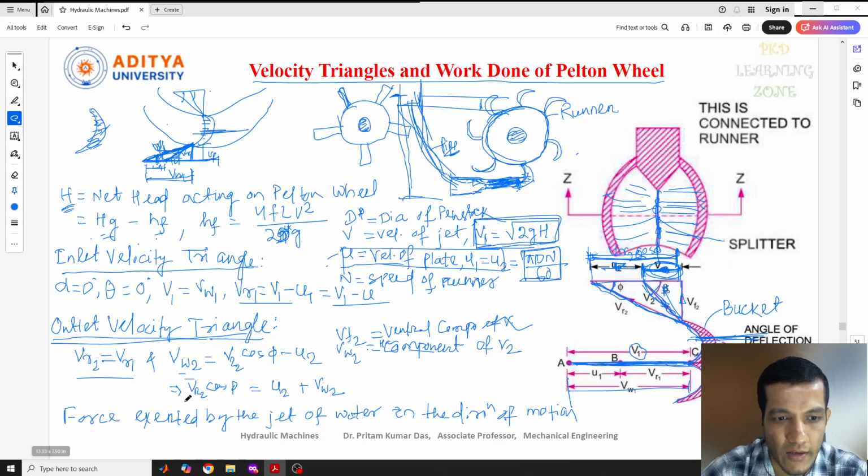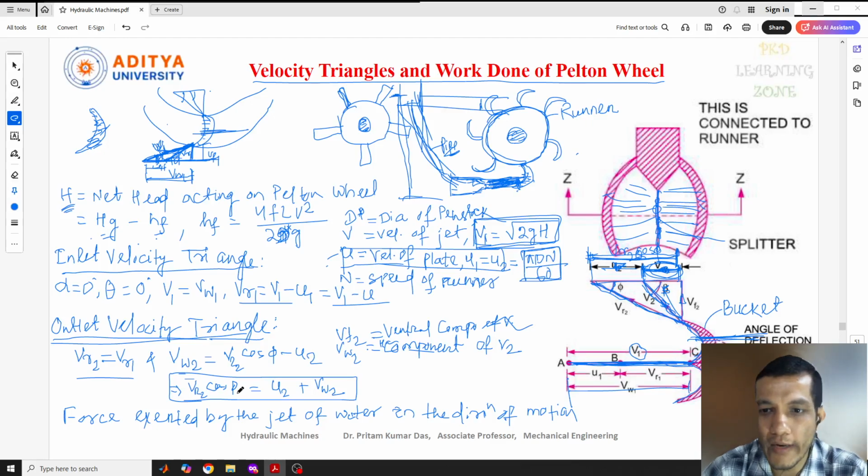Then after that, we got VR2 cos phi equal to U2 plus VW2. Why have I written VR2 cos phi here? Because we need to consider the direction of motion, the velocity in the direction of motion of the plate, in this direction.